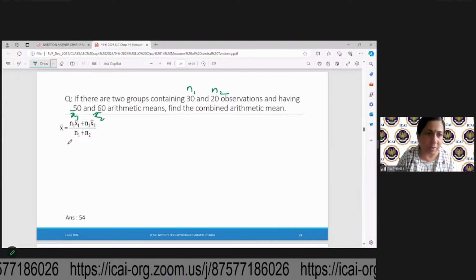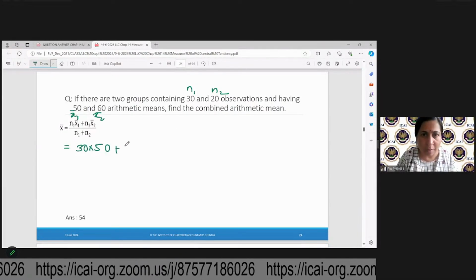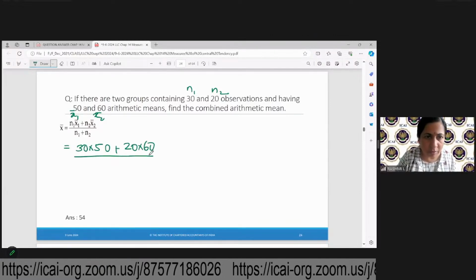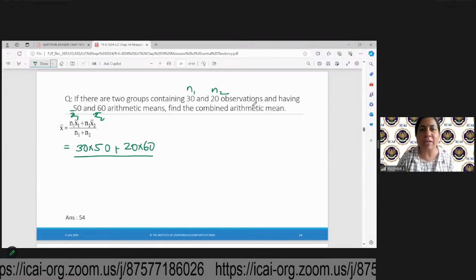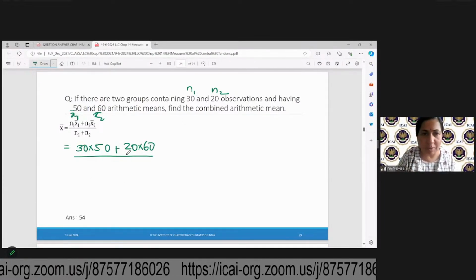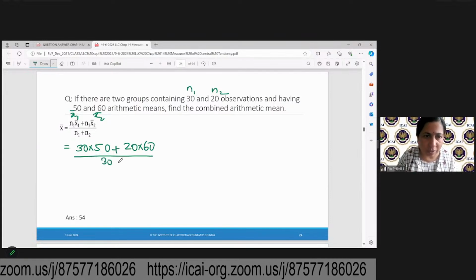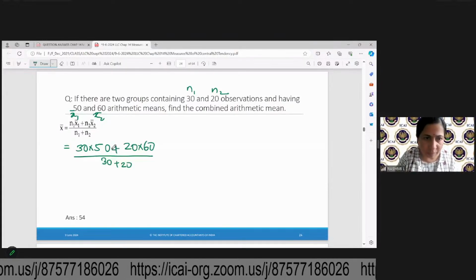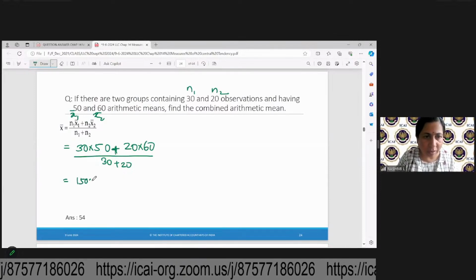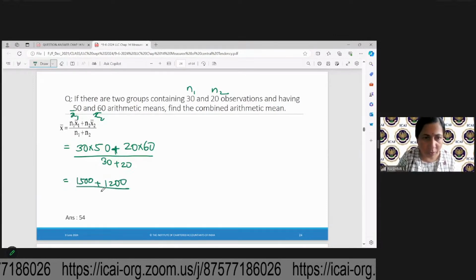Find the combined arithmetic mean, which will be equal to 30 into 50 plus 20 into 60 upon, you have to remember that the number of observations, 30 plus 20, have to be added; their arithmetic means do not come in the denominator, the number of observations come. So this will be 30 plus 20. So this is 1500 and this is 1200 and this is 50.